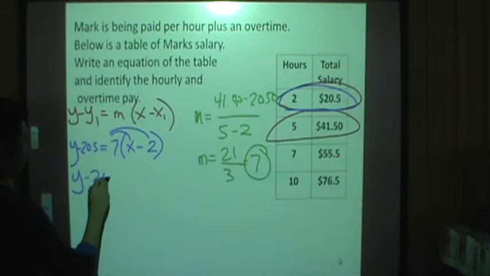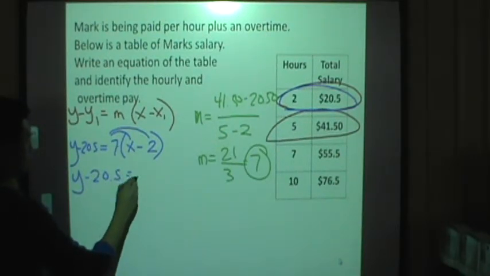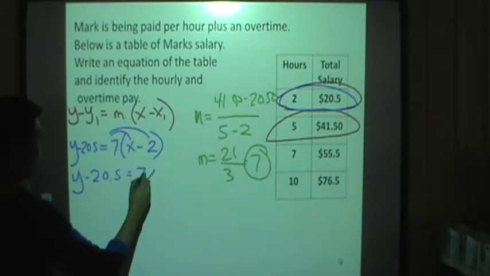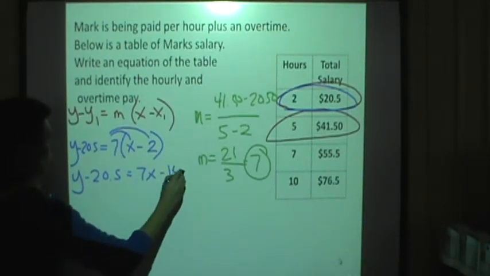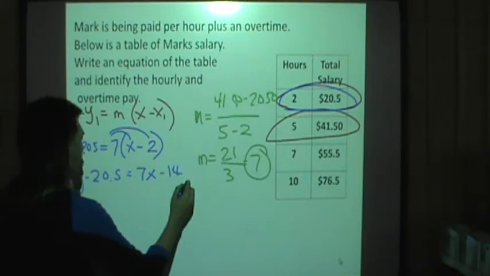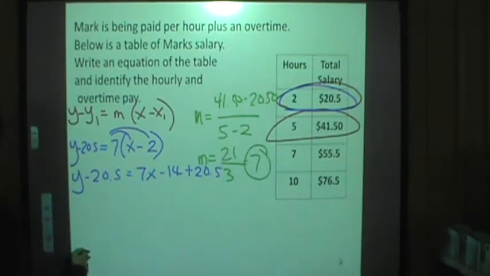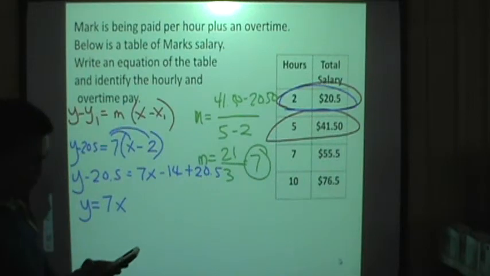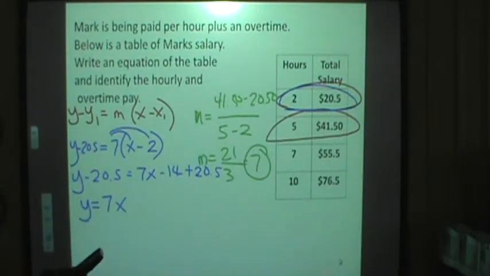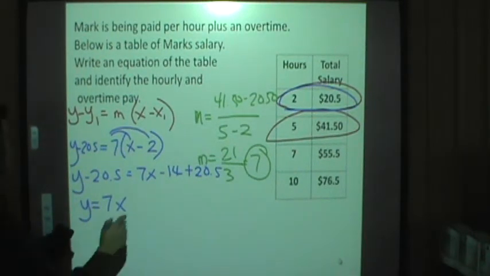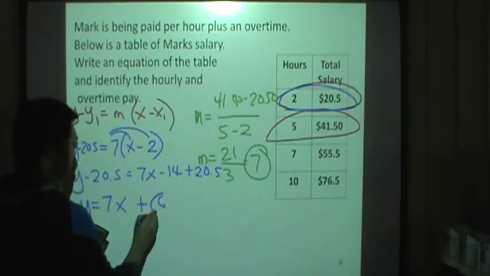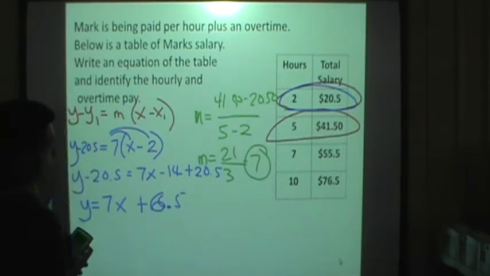Y minus 20.5 equals 7 times x is 7x, 7 times negative 2 is negative 14, and that minus moved over becomes plus 20.5, and now I have y is equal to, using your calculator, you're going to press negative 14 plus 20.5 equals 6.5.